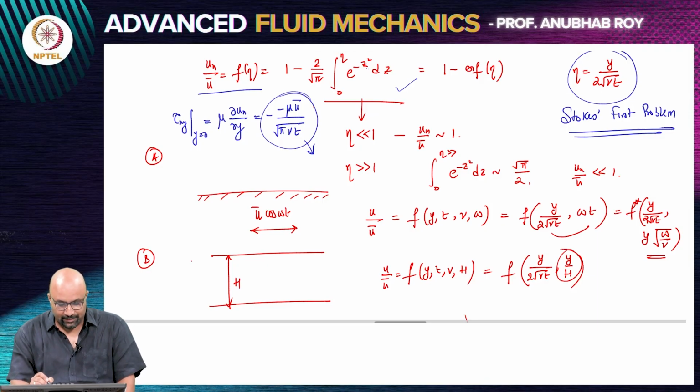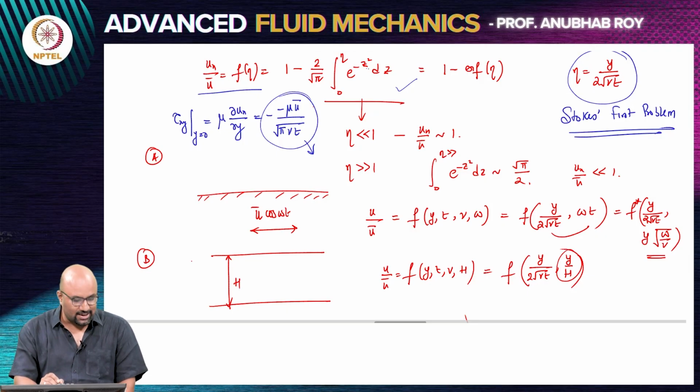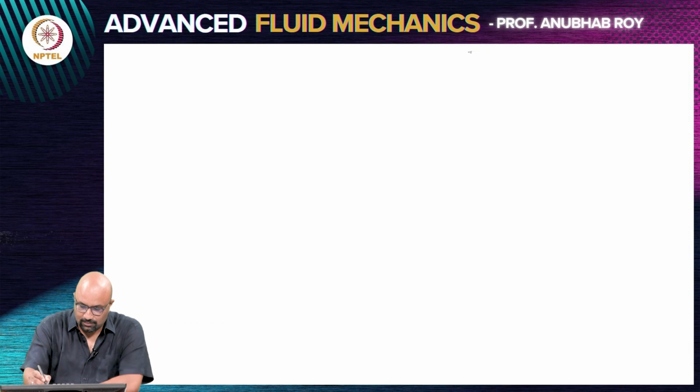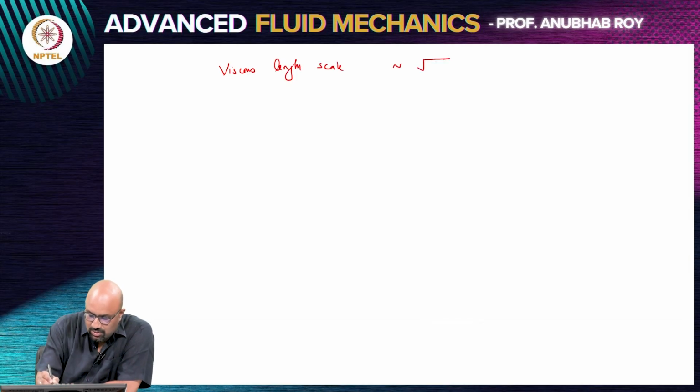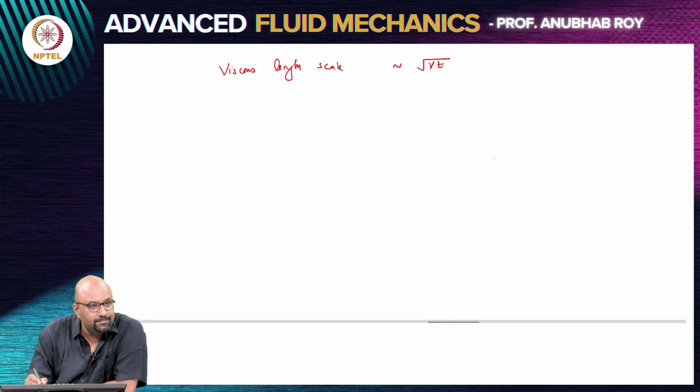More than the mathematical approach of using a similarity variable and reducing this equation, an interesting aspect in this problem is the emergence of a length scale, the viscous length scale. We have a length scale which goes as square root of nu t.